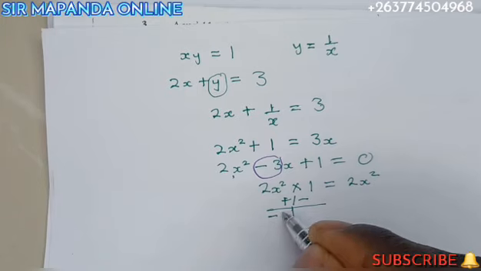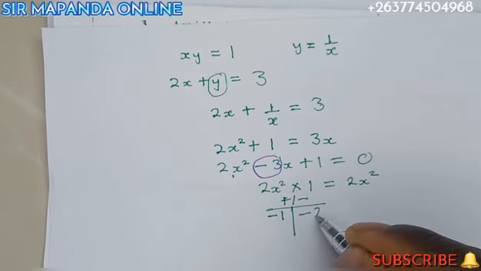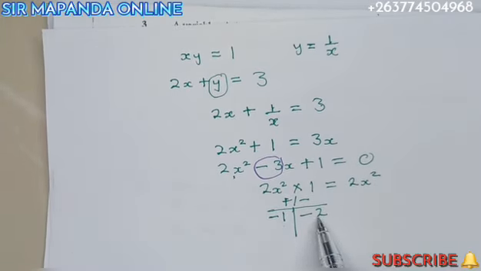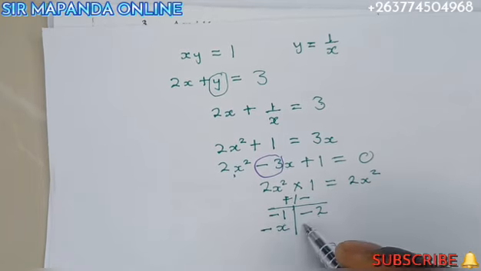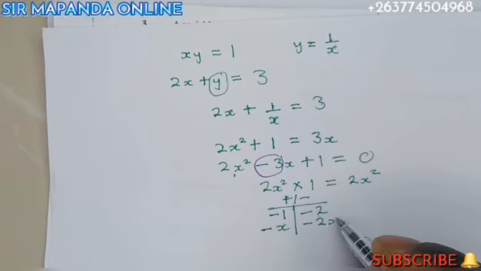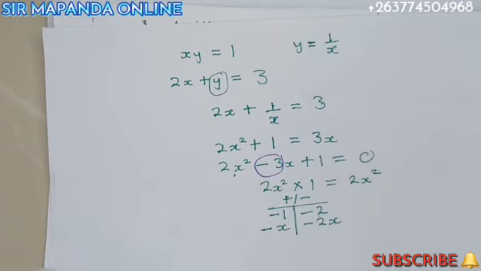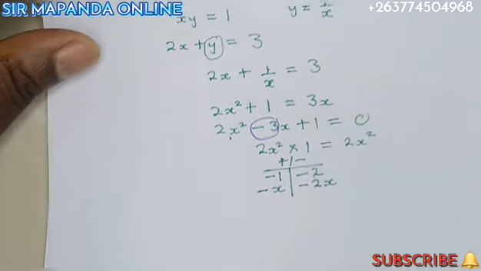The numbers are minus 1 and minus 2. Minus 1 times minus 2, you get positive 2. Minus 1, minus 2, you get negative 3. So we can now write this as minus x, and this minus 2 can be written as minus 2x, so that we apply factorization by grouping.